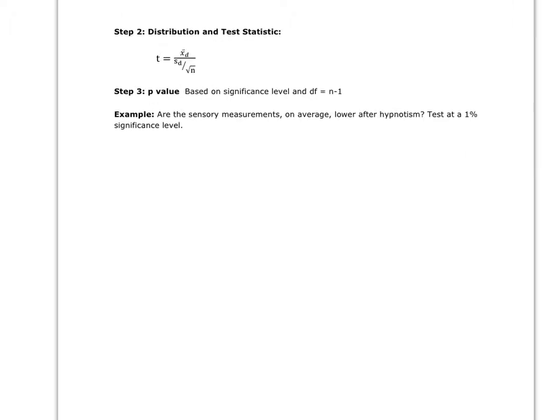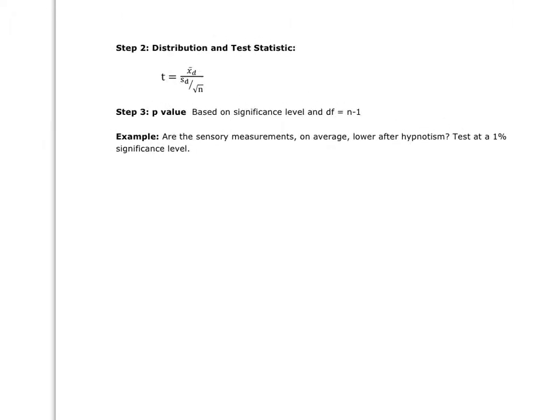Then step 2, the test statistic is also different. We take the sample mean difference over the sample standard deviation of the differences over the square root of the sample size. And when we calculate the p-value, it's just a simple degrees of freedom, looking up the value with the online t-distribution tool.